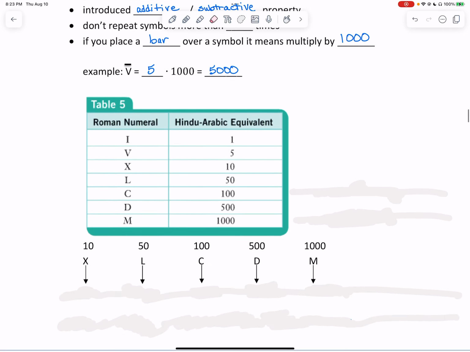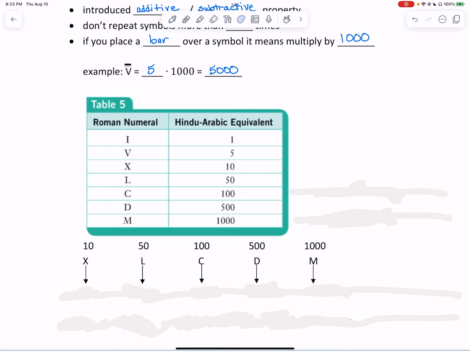Here are some other very common things that are used. We have the Roman numeral 1. We've got 5. There's our 10. And then we've got our 50. You may remember that if you're a football fan. I remember when we had the Super Bowl 50, it was just an L, and people were like, what is that L?